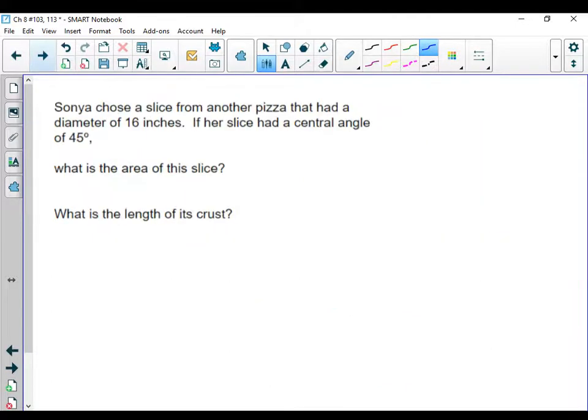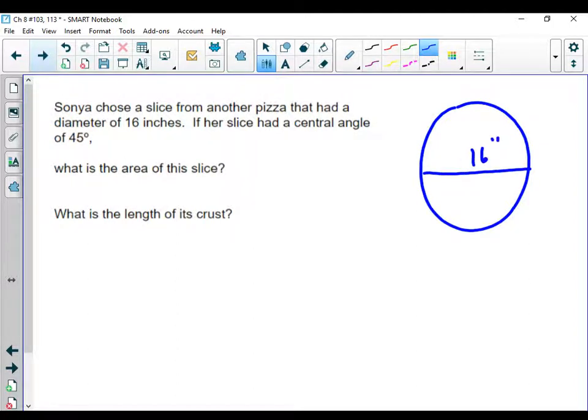When you got to the next one, this time they said that she chose a slice from another pizza. This pizza had a diameter of 16 inches. And the slice that she took out had a 45-degree central angle.